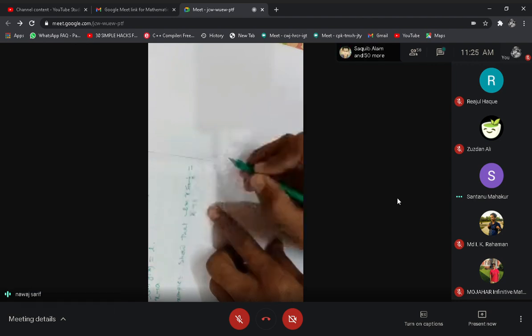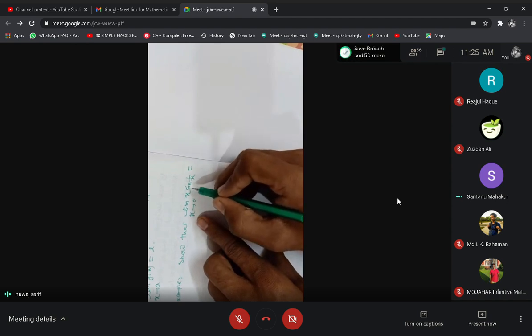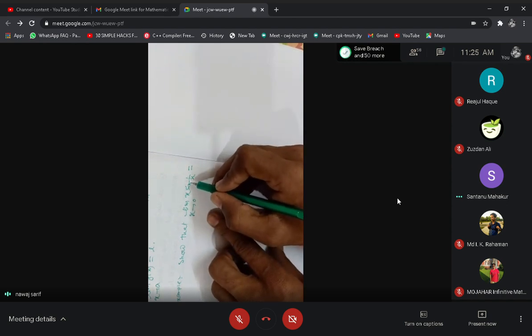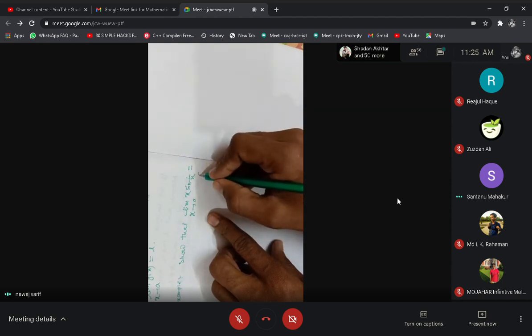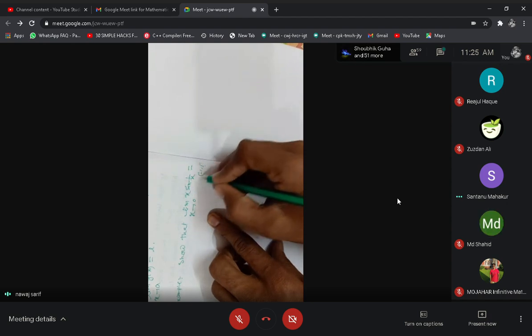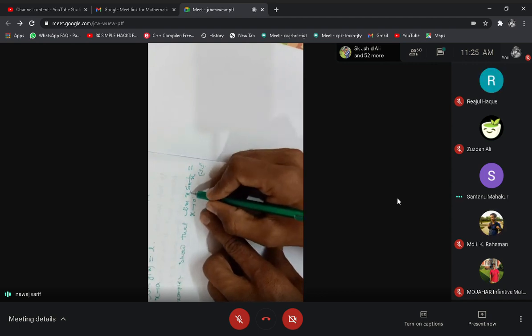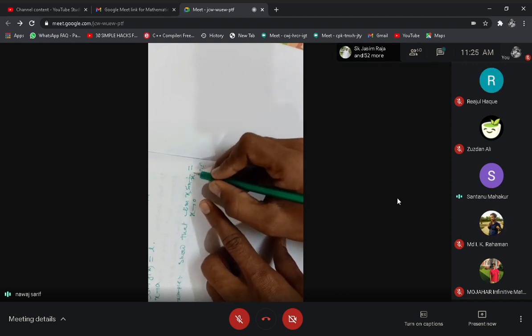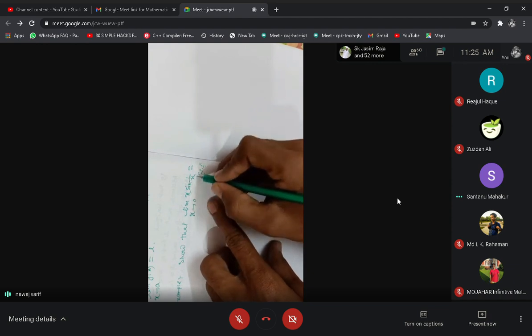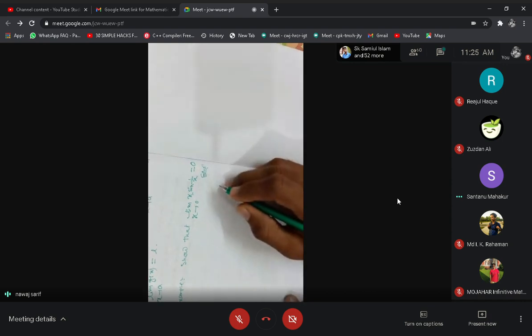This is limit x tends to 0 of x into limit x tends to 0 of sine 1 by x, and sine 1 by x is always bounded between -1 and 1. So x tending to 0 times some bounded number must be 0. So this limit is equal to 0.